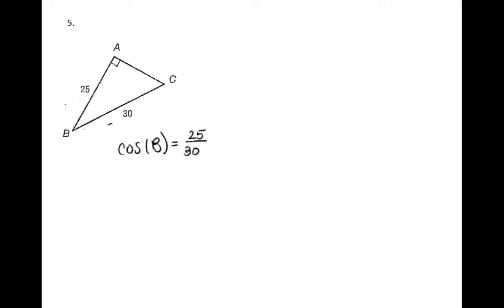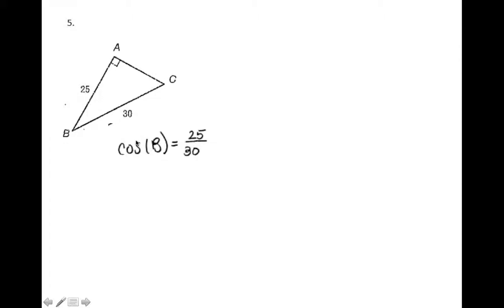Let's look at another example. Here, if you notice, we're looking for angle B, and we're given the side adjacent to it and the hypotenuse. So here we're going to say that the cosine of B equals the adjacent side, 25, over the hypotenuse of 30.